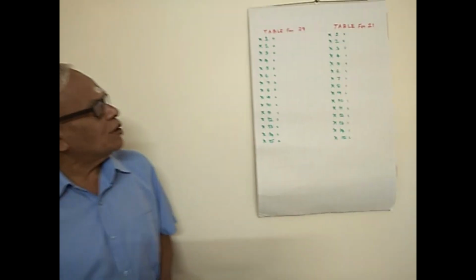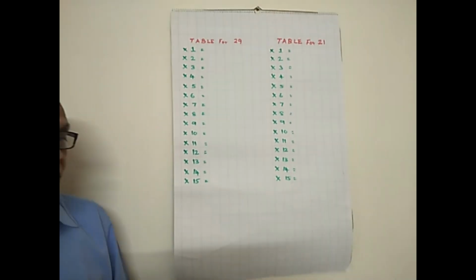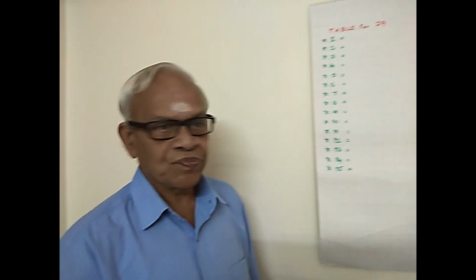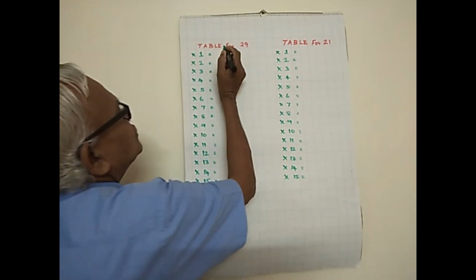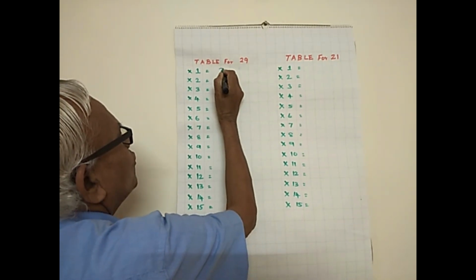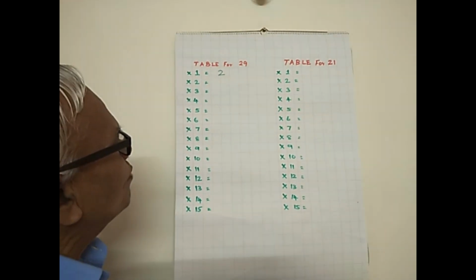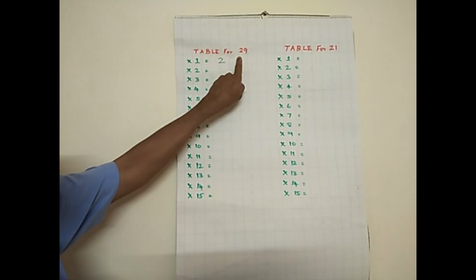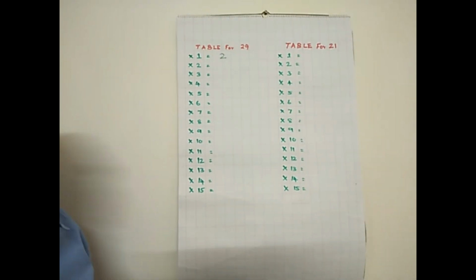Right, when I look at the number 29, the unit digit is 9 and the tens digit is 2. Now, for the table for 29, first I will write 2. For the next multiple, I will add 3 to the number 2.